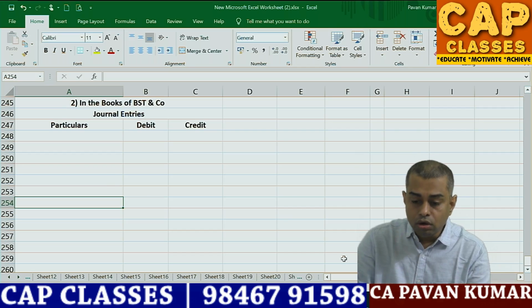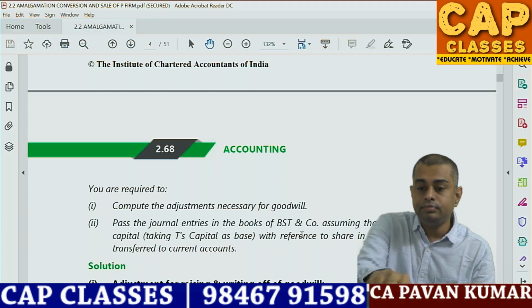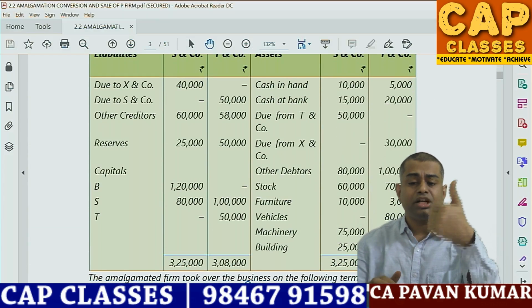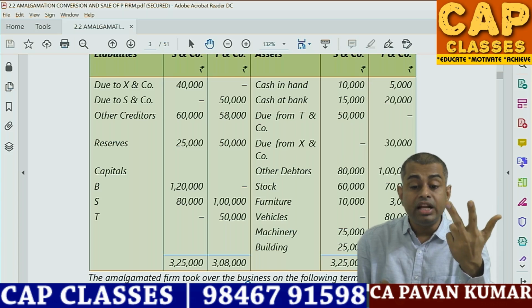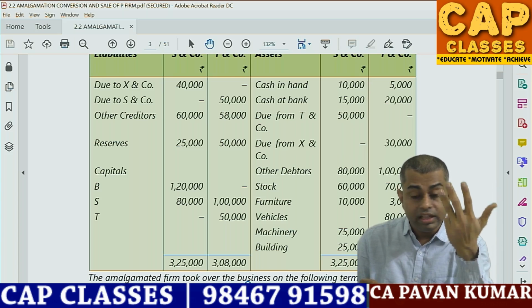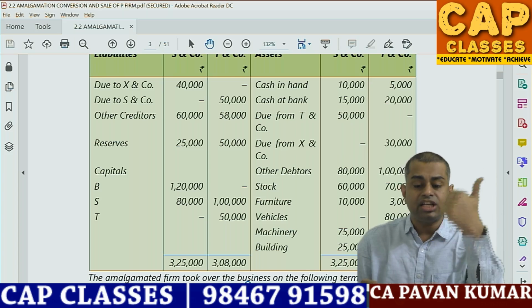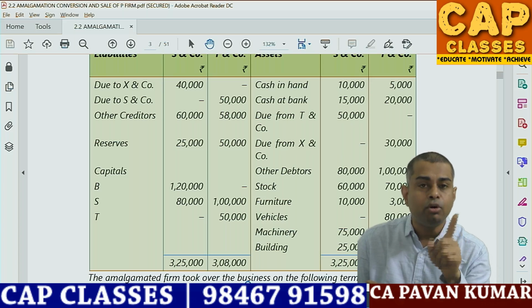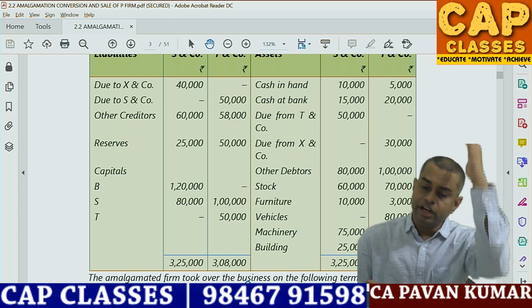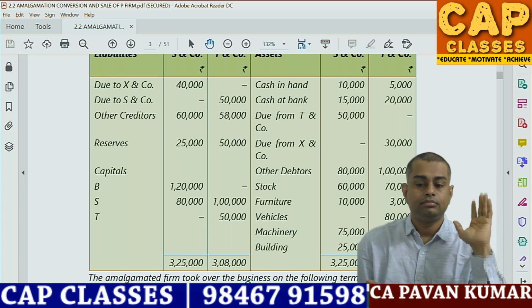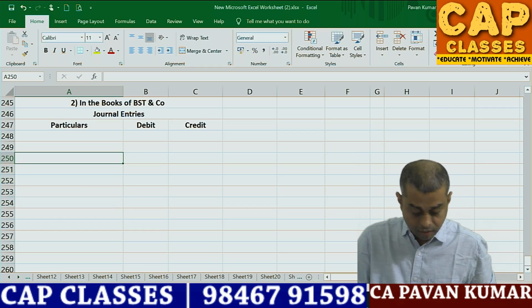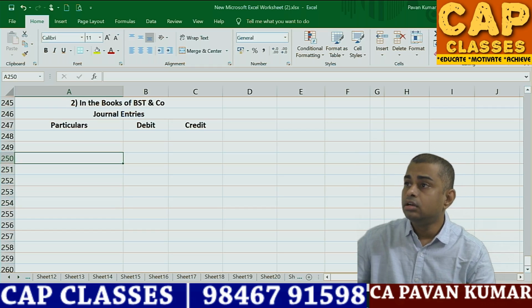Okay, so take your problem, go to your problem. So the first firm, all the assets: cash in hand, cash at bank, due from T and company, other debtors, stock, furniture; vehicles are not there. Machinery, hold on, revalued amount. Building, hold on, revalued amount. So you need to write all the things. Okay, so cash account debit, bank account debit. Write down the journal entry.